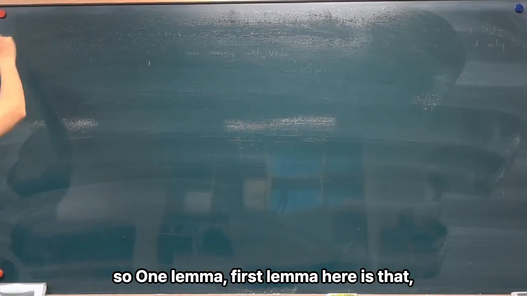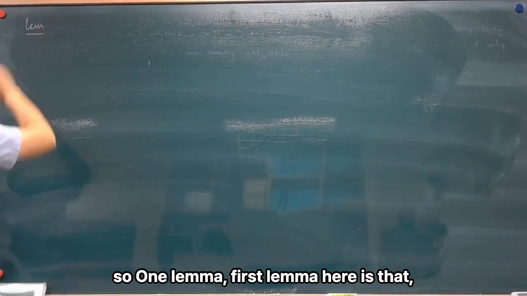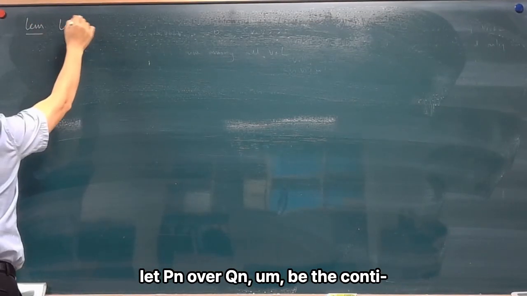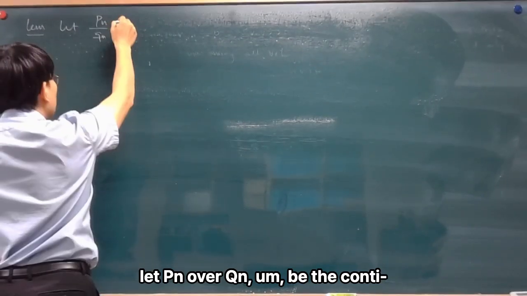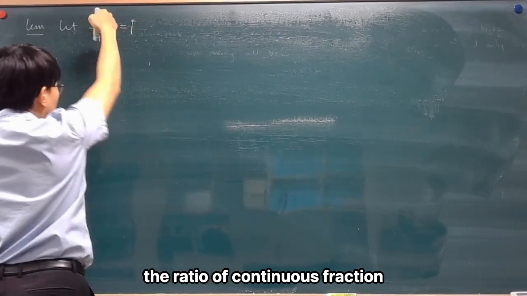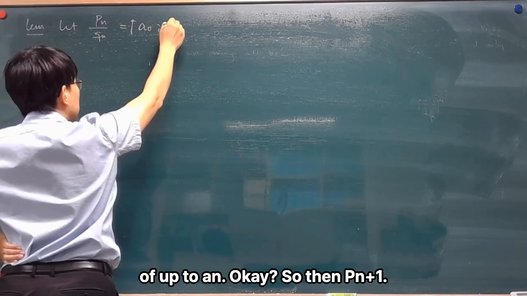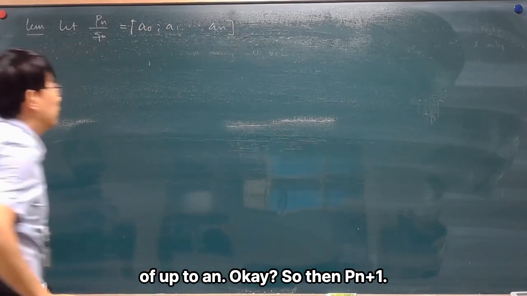All right, so the first lemma here is: let Pn over Qn be the ratio of the continued fraction up to an.